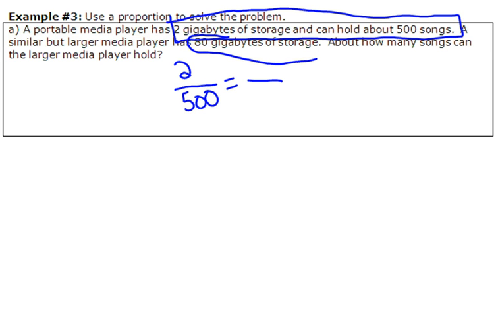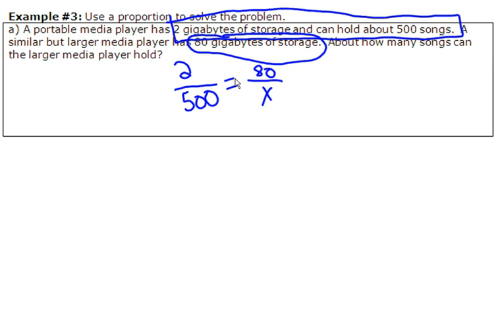So I know that it has 80 gigabytes of storage. I'm wondering how many songs it could hold. Since the other ratio has the gigabytes on top and the number of songs on the bottom, the ratio that I'm about to write has to have the same thing. So I have 80 gigabytes of storage, and on the bottom, I don't know how many songs it should hold, so that's my unknown, that's my x.